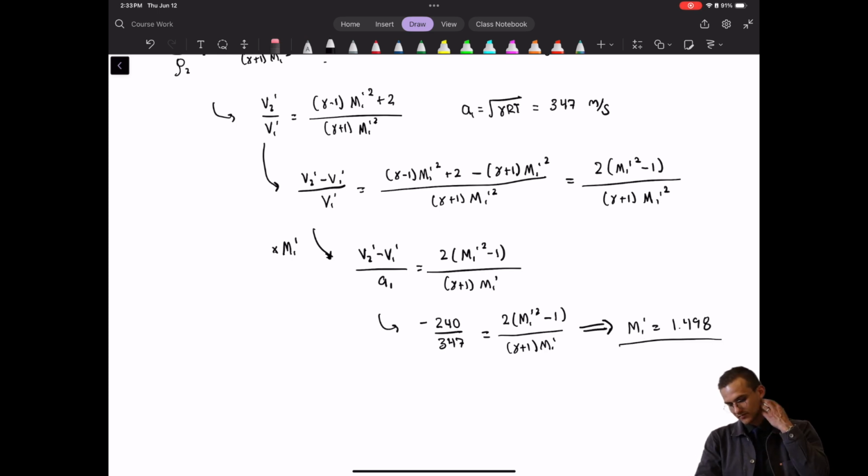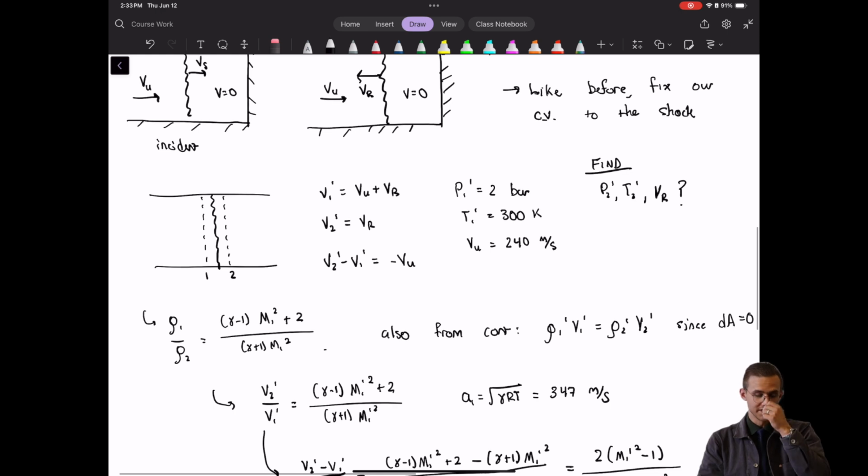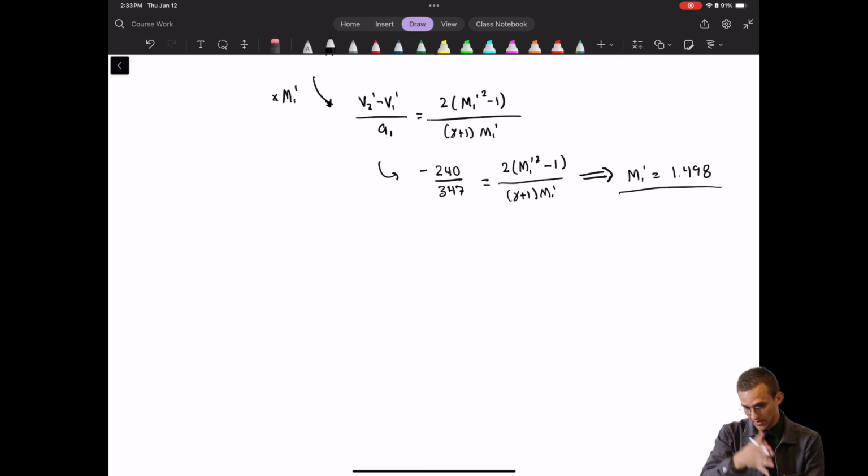Okay. All right, so just a bunch of algebra manipulating these objects. And now that we have the upstream Mach number, we're laughing, right? Because once you have that, you basically can get all of the transitions from state 1 to 2 straight from the tables.